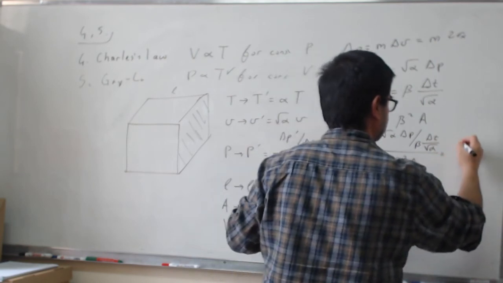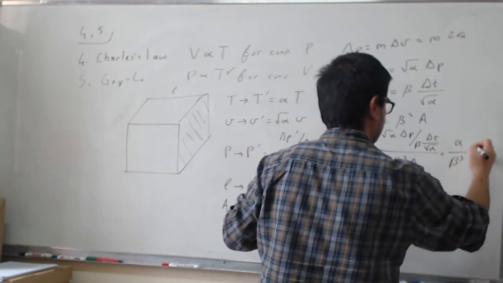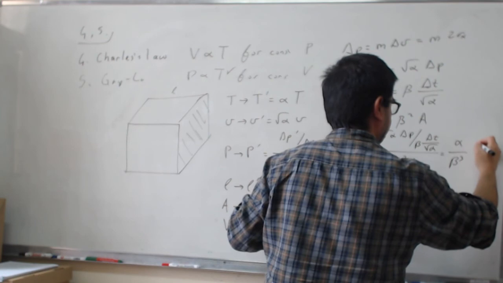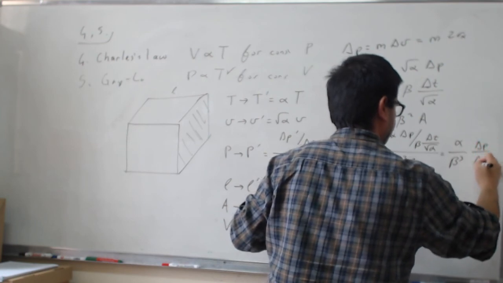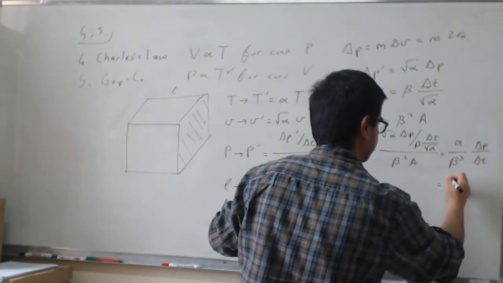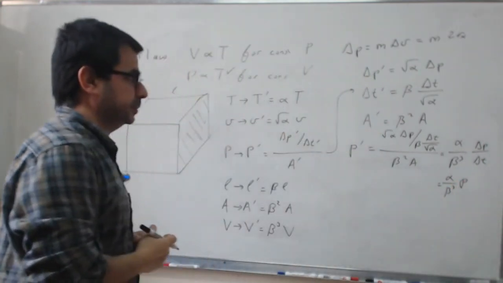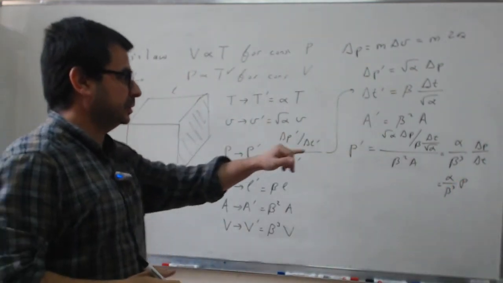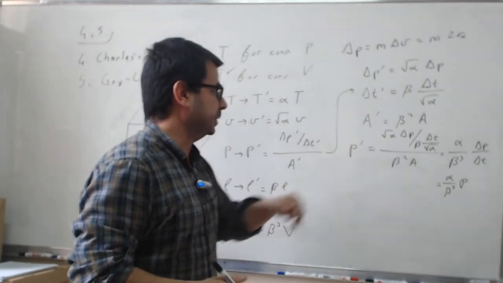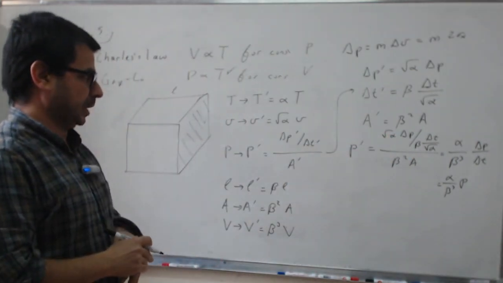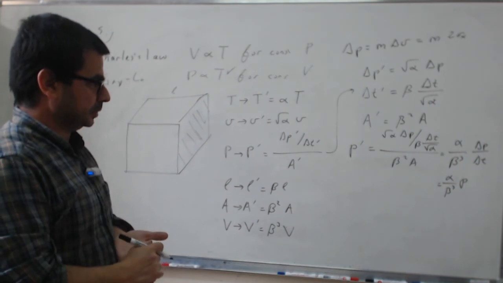And you can just check that this is alpha by beta cubed delta P by delta T, or alpha by beta cubed our original pressure. Now I know that there is some confusion here between the lowercase p, which is momentum, and uppercase P, which is pressure, but I hope you can follow the argument.